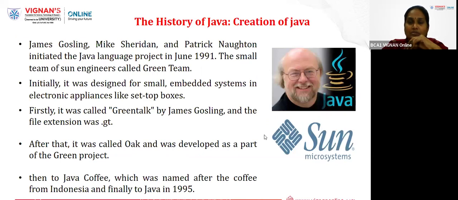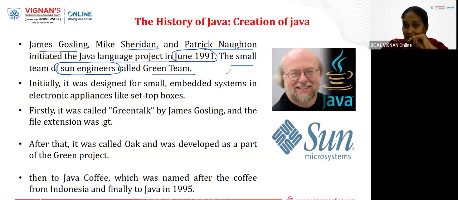And coming to the history and creation of Java. Here, three scientists, James Gosling, Mike Sheridan, and Patrick Naughton, initiated the Java language project in June 1991. They were a small team of Sun engineers called the Green Team.